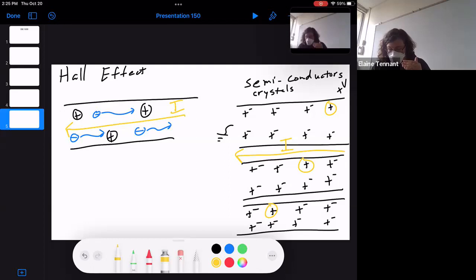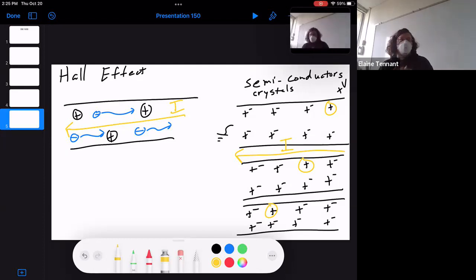But very, very often you want to know exactly what is carrying your current. We talked about this way back in the day, when we talked about drift velocity and what a current's made out of. We said you take the charge of one carrier and multiply it by however many carriers you have.